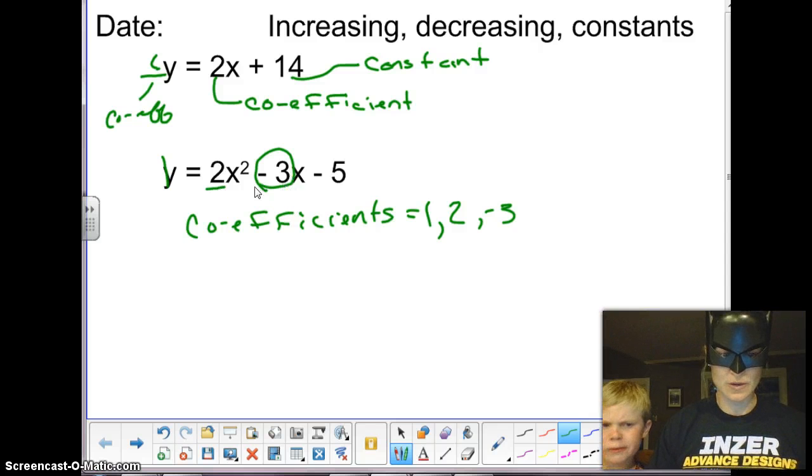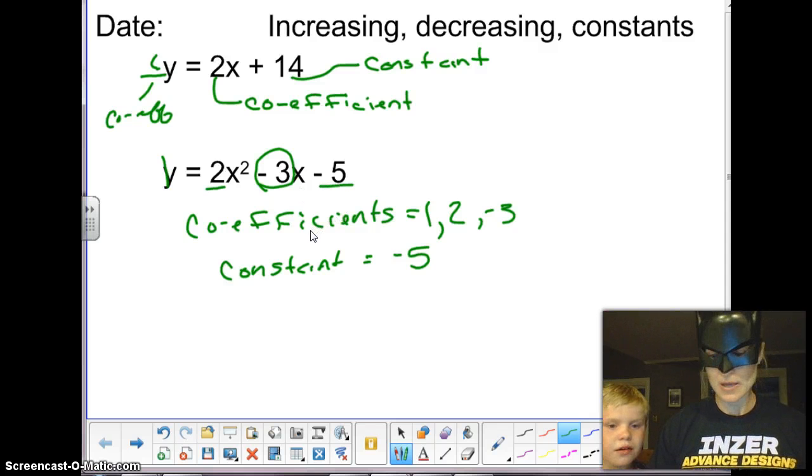So these are in front of variables, 1, 2, and 3, and then 5 would be my constant because there's no variable attached to it. And it would actually be -5 because of the negative sign in front of it. So first off, you have to know what a coefficient is. It's the number in front of a variable, and then a constant is the number without a variable.